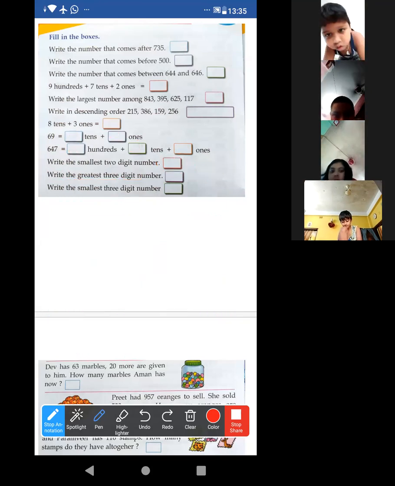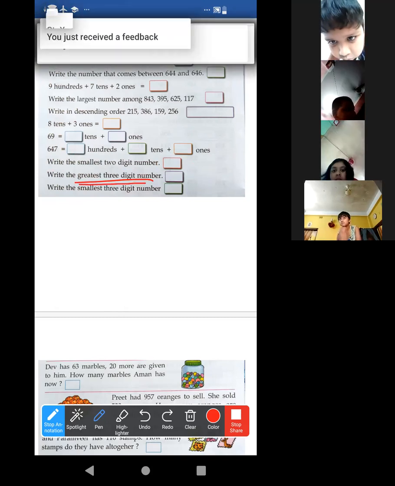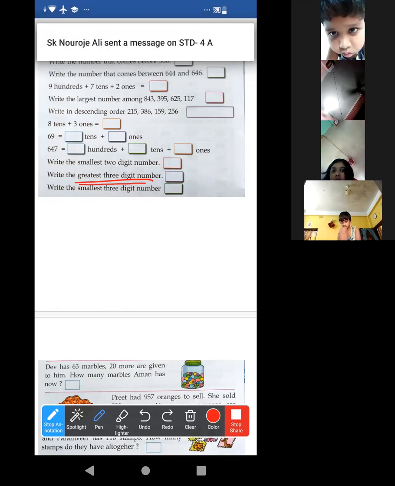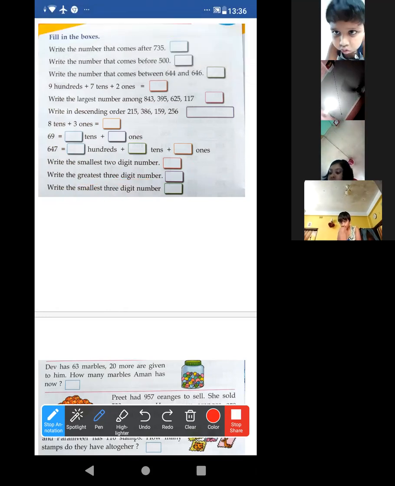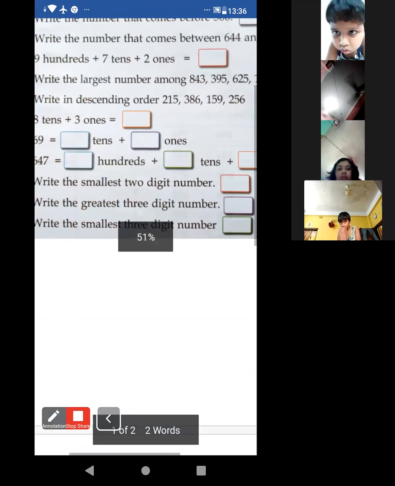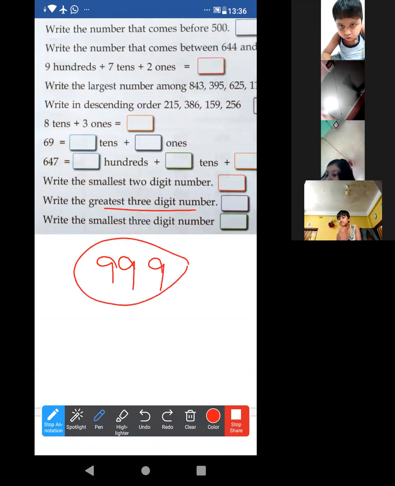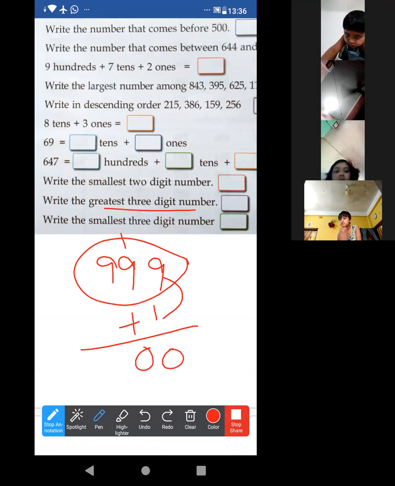Greatest 3-digit number. This one is given. Just look at this. I am zooming it. Write the greatest 3-digit number, right? Look, we know 999 is the last 3-digit number, na? Yes or no? Because if we add 1, what will you get? 9 plus 1, 10, carry 1, 1 plus 9, again 10, carry 1, 9 plus 1, 10.